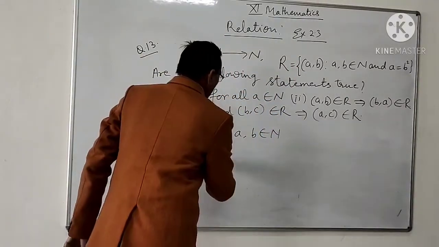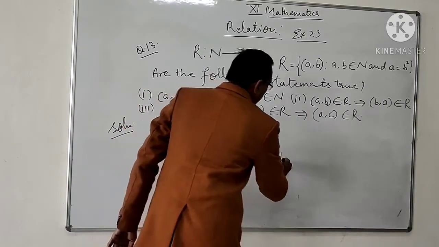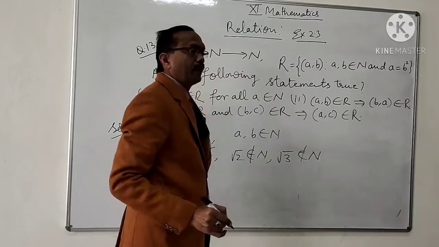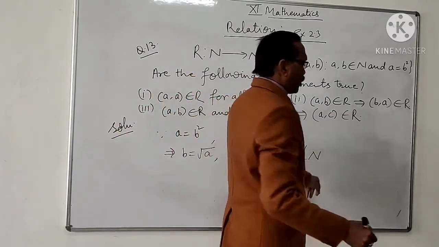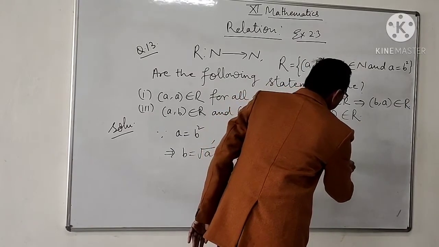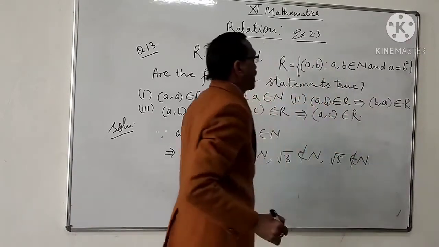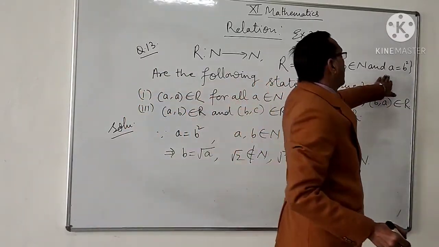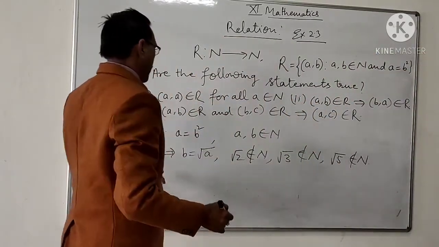Like root 2 does not belong to N, root 3 does not belong to N. Similarly, root 4 belongs to N, but root 5 does not belong to N. So we can say for all values of A, the result is not true. A is not equal to B square.